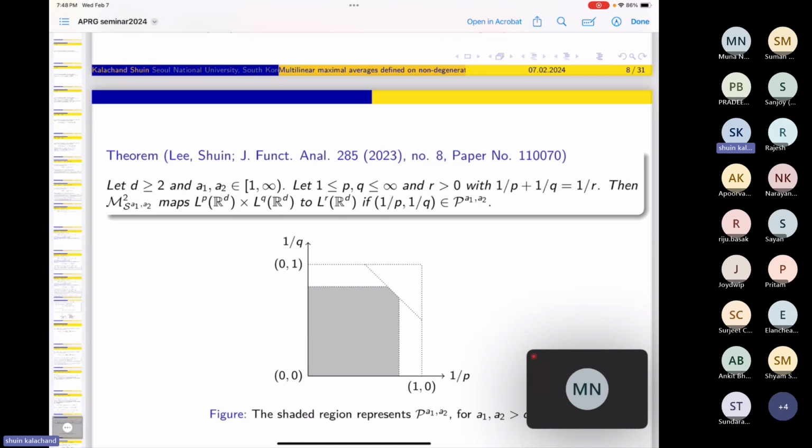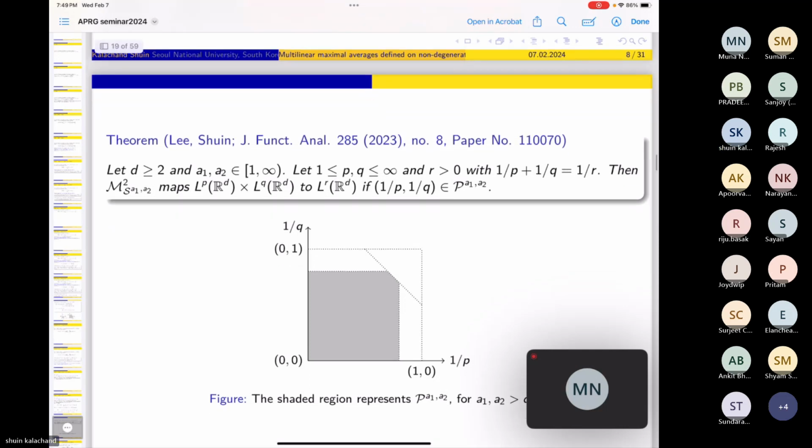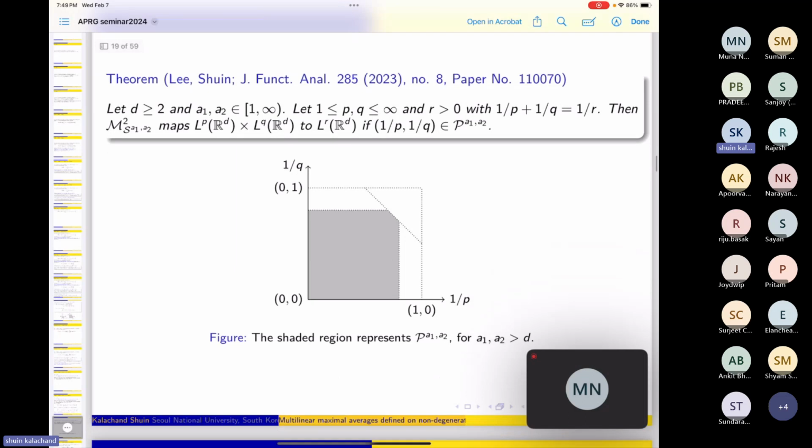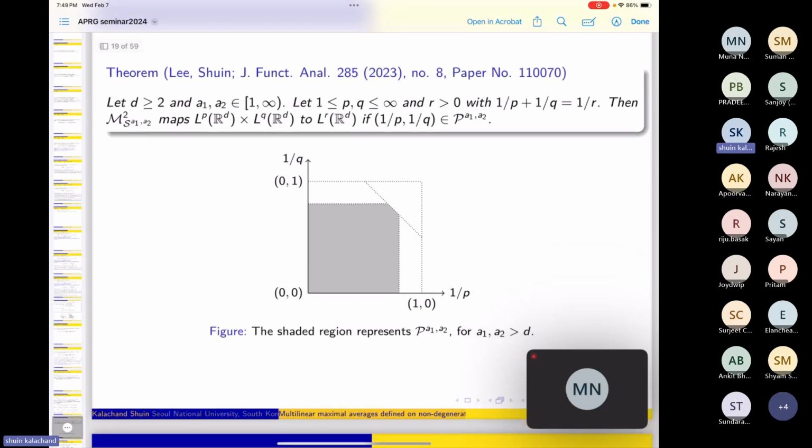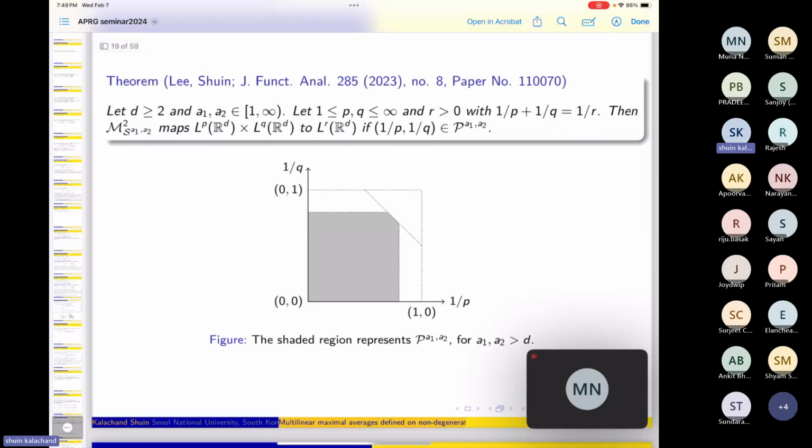This is sharp in the sense that if (1/p, 1/q) lies outside the closure of this set, then the operator cannot be bounded from L^p times L^q to L^r. So except for the boundary points, we have a sharp result. When A1, A2 are strictly bigger than the dimension d, the set P(A1, A2) looks like this.